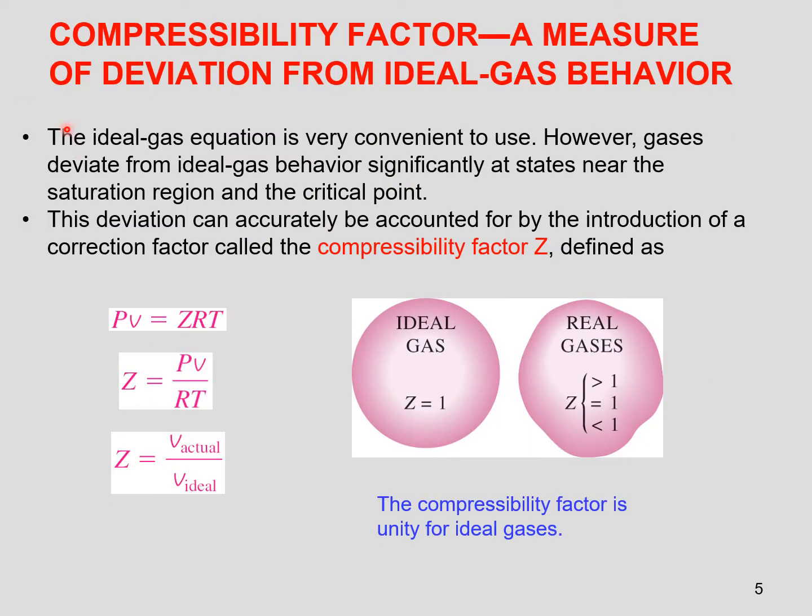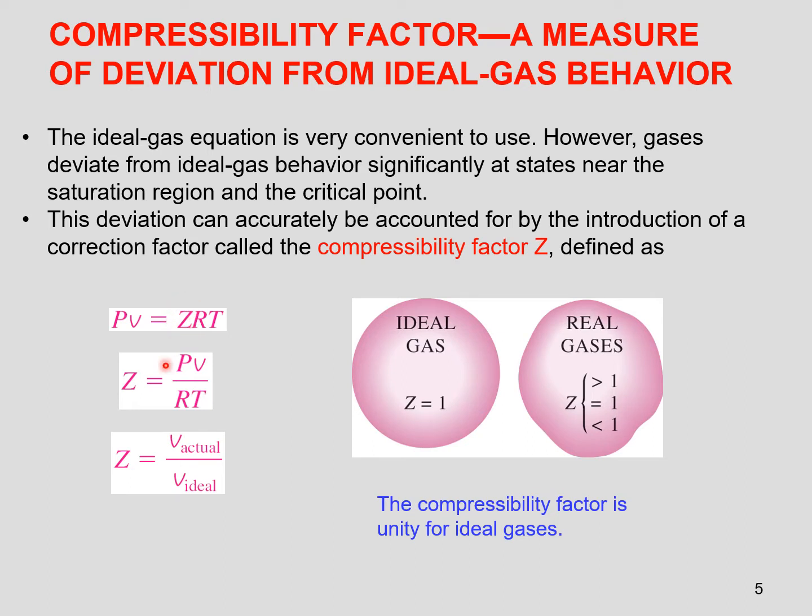The ideal gas equation is very convenient to use. However, gases deviate from ideal gas behavior significantly at states near the saturation region and the critical point. This deviation can be accurately accounted for by introducing a correction factor called the compressibility factor, Z. The compressibility factor is defined as PV equals ZRT. This is just the ideal gas law, except we put the term Z in here.